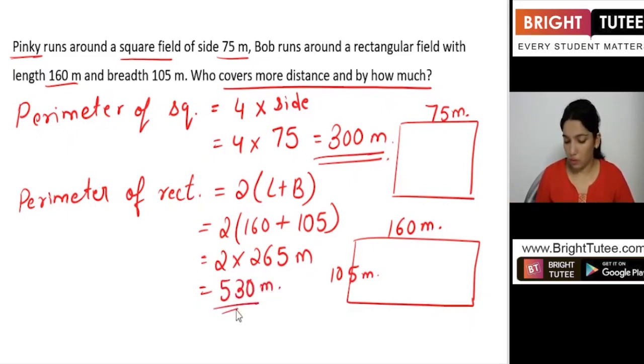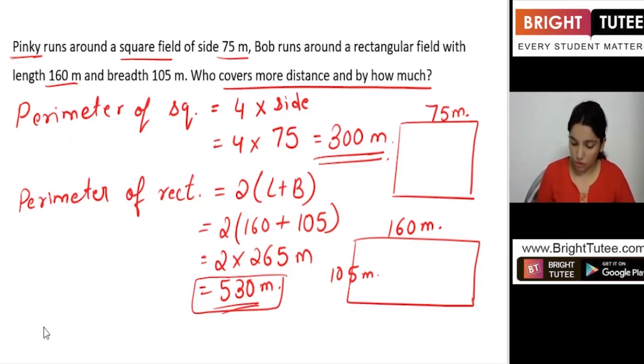So now we know how much Pinky is running and how much Bob is running. Can you tell me who covers more distance? Clearly, this particular distance, that is 530, is a bigger perimeter. So Bob runs more distance compared to Pinky. And the question also asks you by how much.